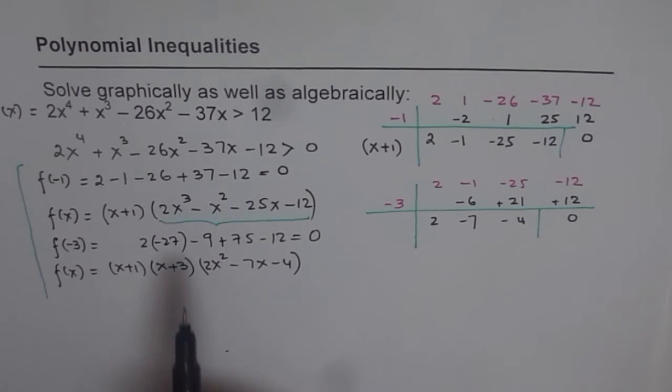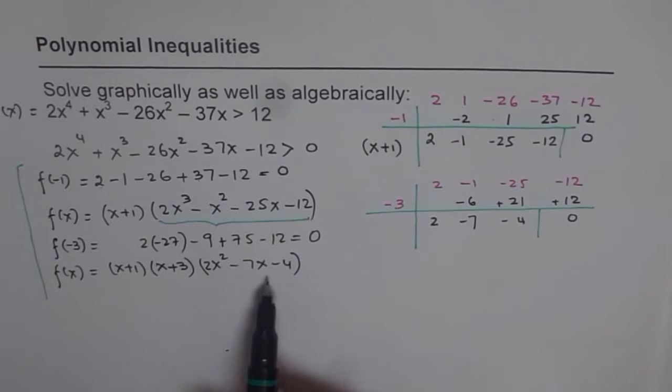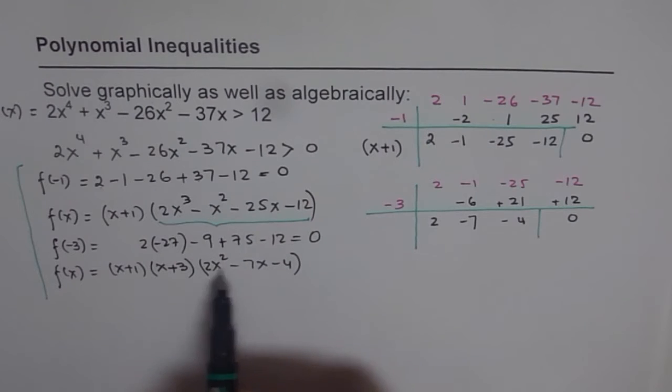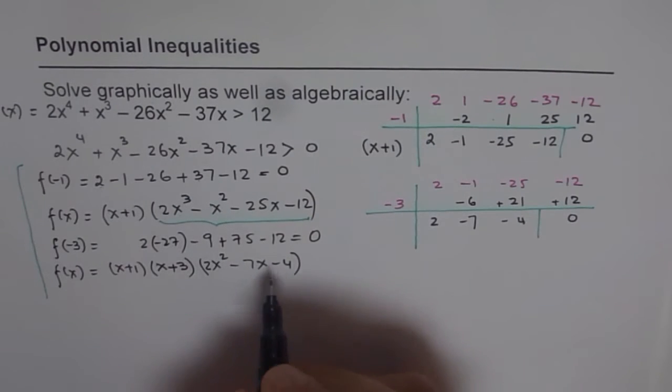Once we factorize, then we solve the inequality, right? Now this is a quadratic equation which you can factor and then write down in the factored form, right? So this you could do, right? So now what we will do is let's try to see how to factorize this. So you know, sum and product: here product is minus 8.